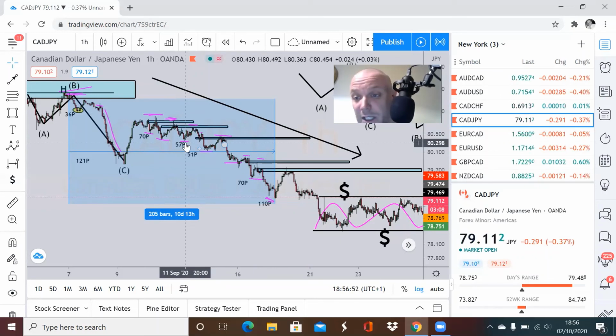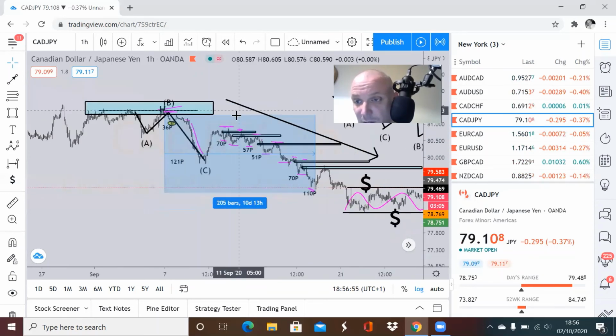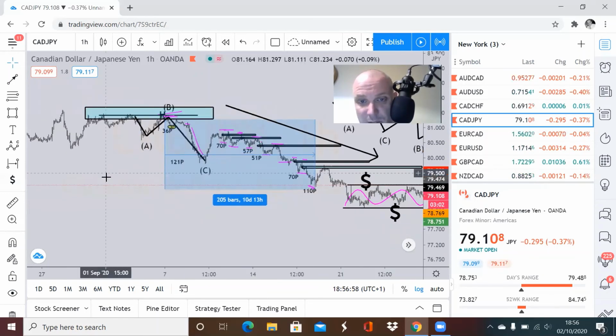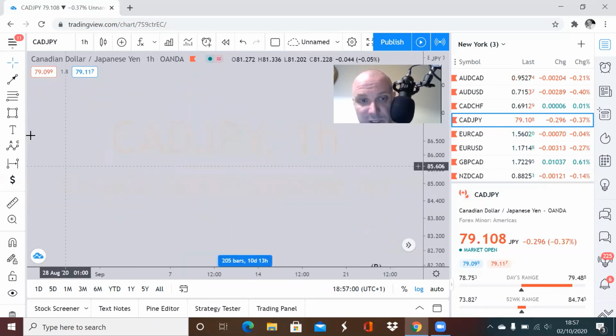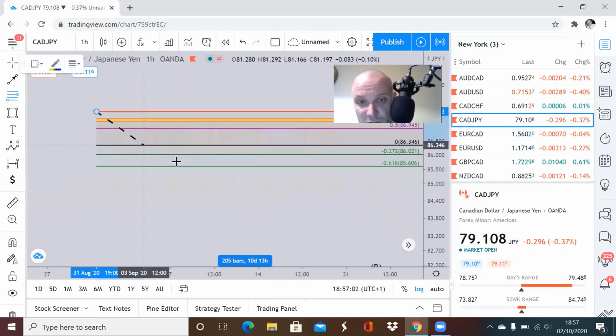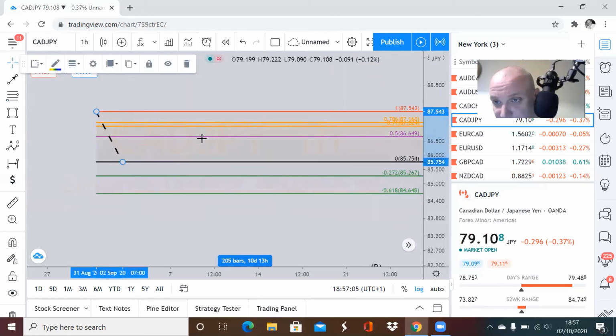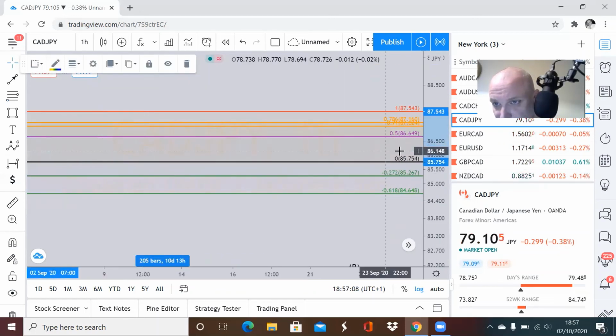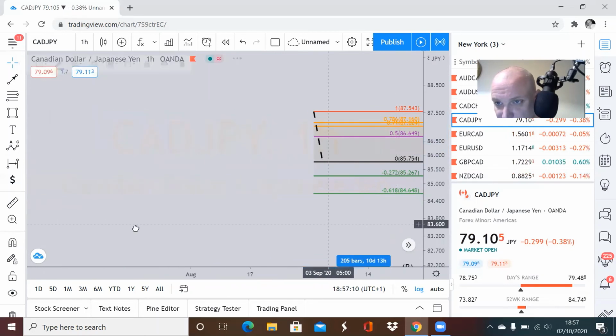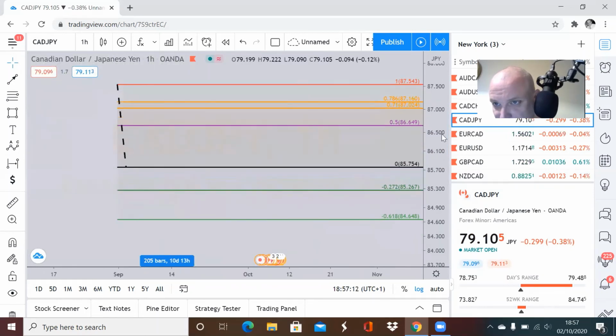Okay, so again, guys, for those that have possibly not got the fibs on there, I'm going to have a quick markup on the fibs. This is what your fibs should look like when you're using them, okay? You should have the 0, a 1, a 0.786, a 0.71.